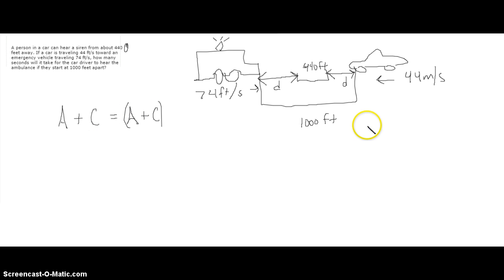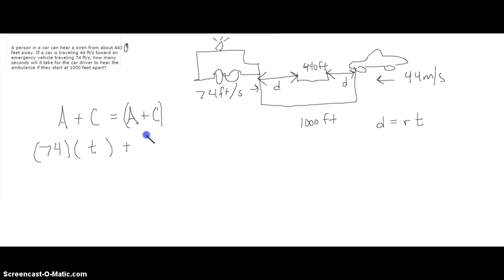So how we can write this is, we know that distance is equal to the rate or the speed times the time. So we can say the rate times the time of the ambulance is going to be 74 times t.